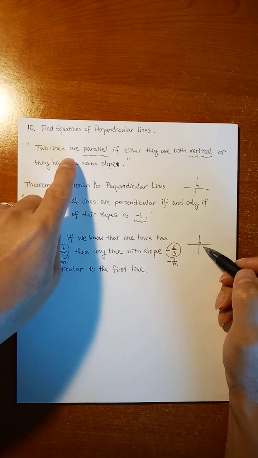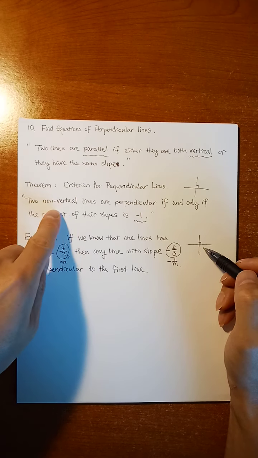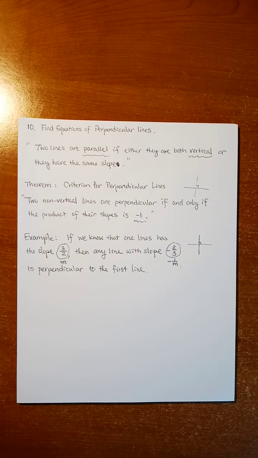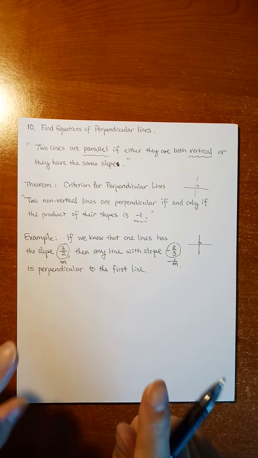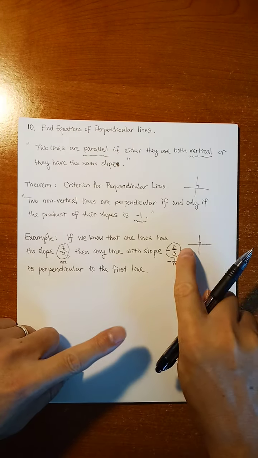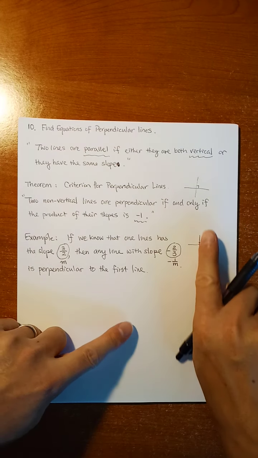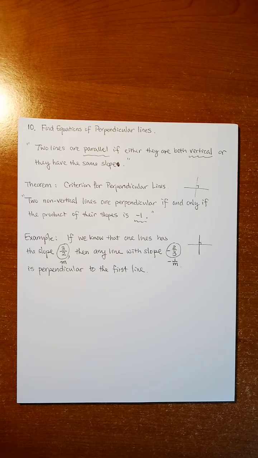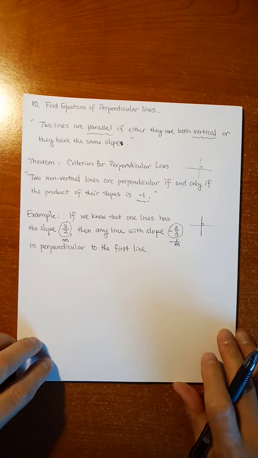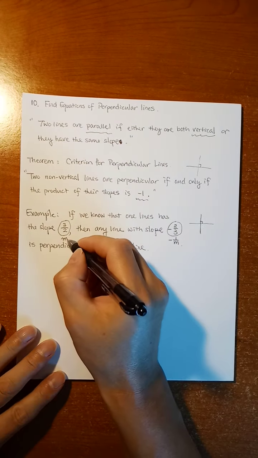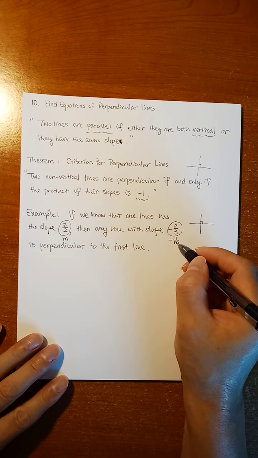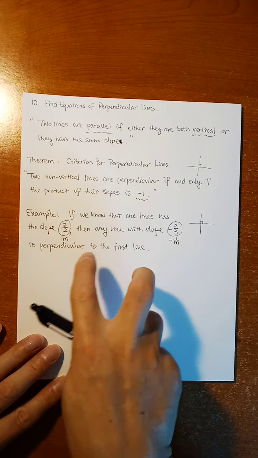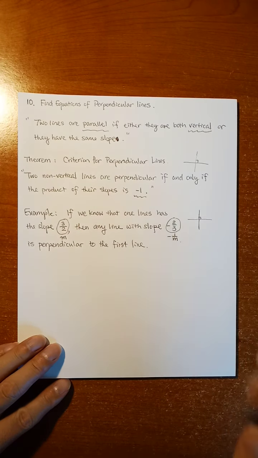Then we're talking about non-vertical lines, so we don't care about that case. Only for two non-vertical lines, the slope equal to 0 will imply the other line is vertical. Then we don't care if the product is negative or not. So one has slope m, the other one must have slope -1 over m in order to guarantee two lines are perpendicular.